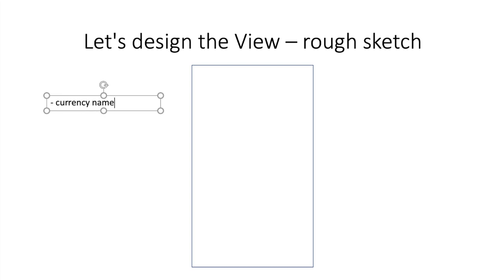So the picker view will allow us, we'll give it a list of currencies. And we'll have two of these with identical lists. So we can just rotate them and select the from and to currencies. Okay, what else do we need?